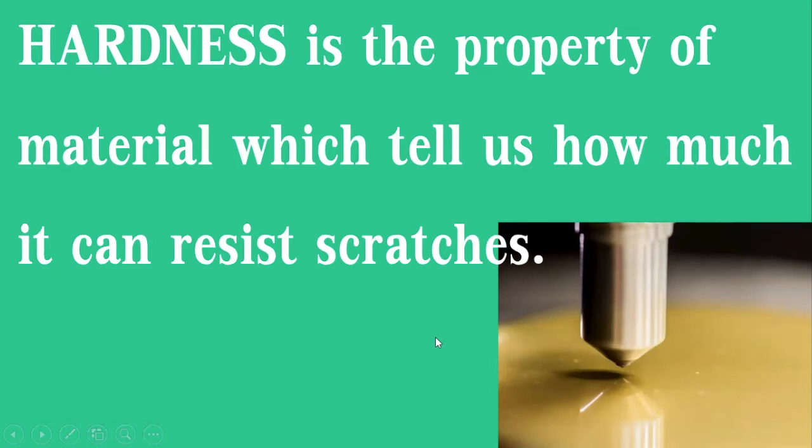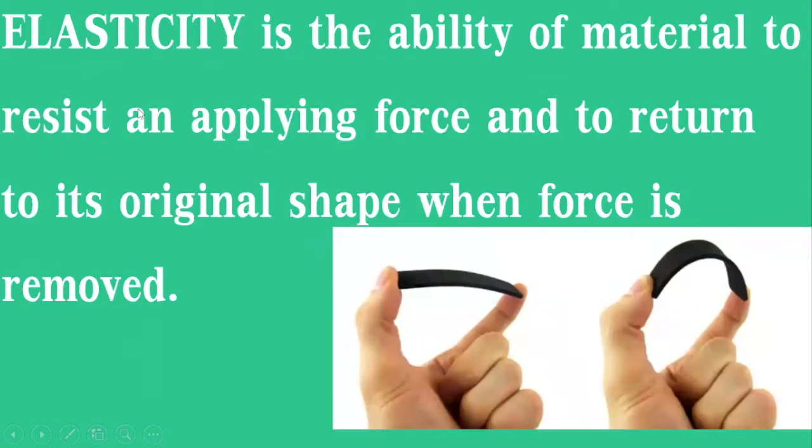Next one, repeat after me, elasticity. Elasticity is the ability of material to resist an applied force and to return to its original shape when the force is removed. So we have an object, and we apply force on this object, and it changes shape, you see.